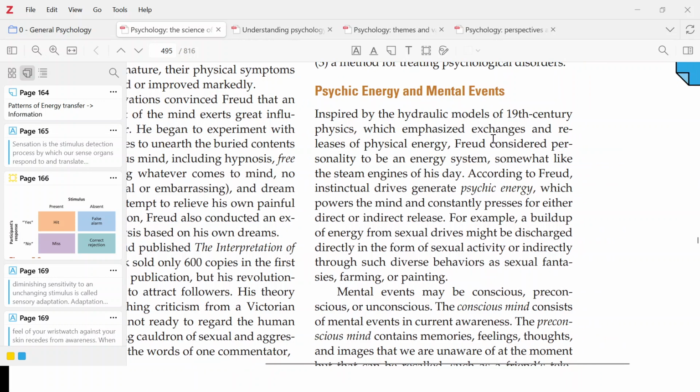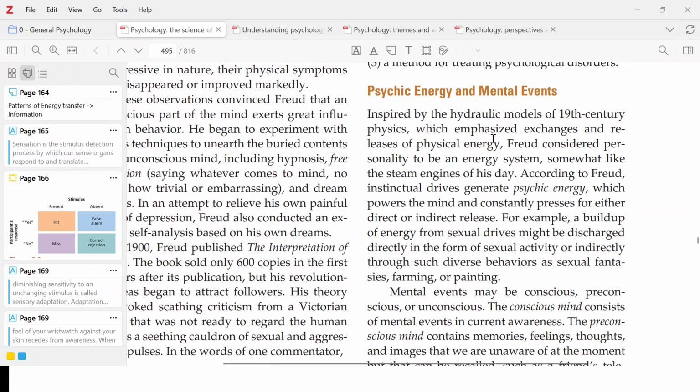I have already annotated it because I read it previously, so I'm just redoing the process in front of you with a fresh mind. Inspired by hydraulic systems of 19th century physics, which emphasize exchange and release of physical energy, Freud considered personality to be an energy system, somewhat like the steam engines of his day.